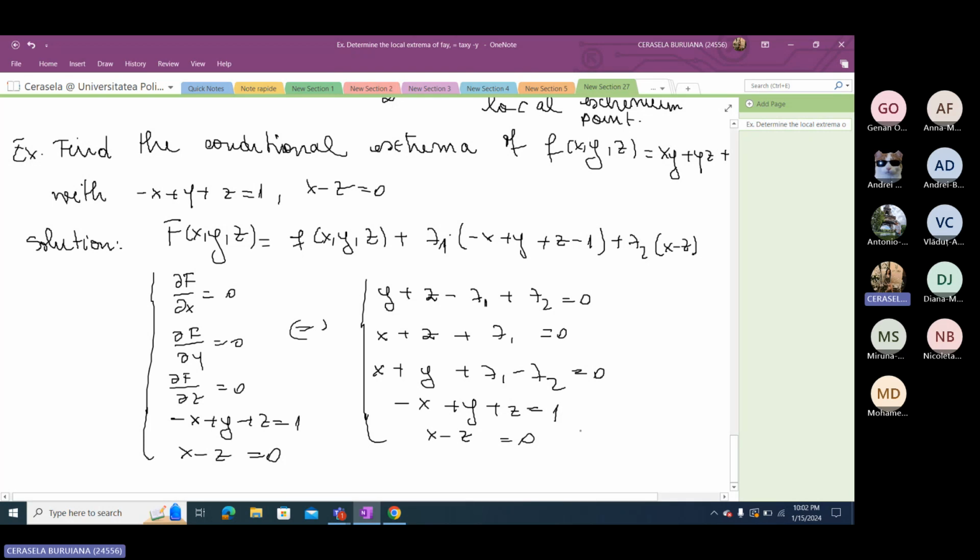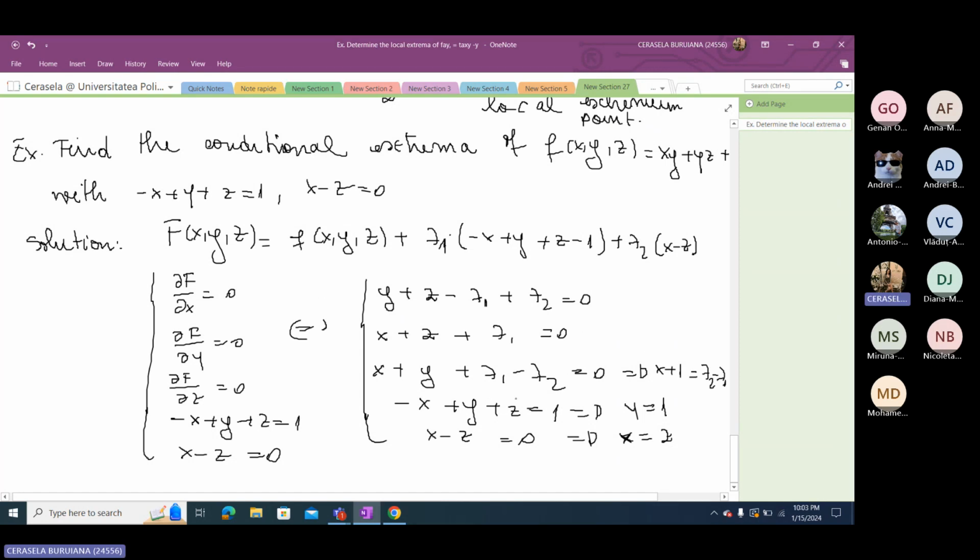And this is it. Okay. From the last, I get x equals z. Moreover, if x equals z, y will be 1. Okay, that helps us a lot. Now, we need to determine who x and z are. What we can do, well, if y is 1, from the third one I get x plus 1 is lambda 2 minus lambda 1, one idea.